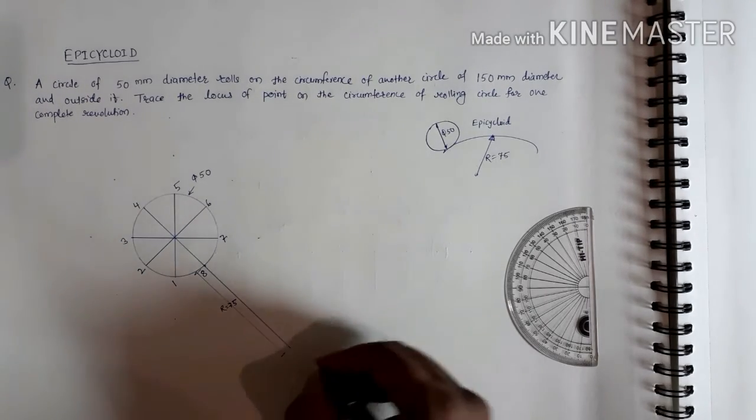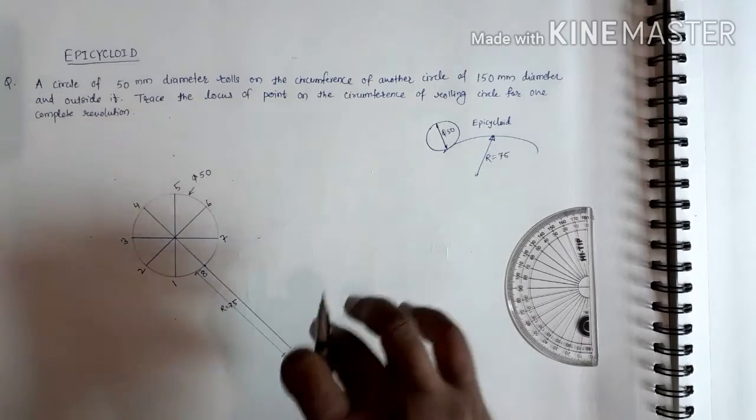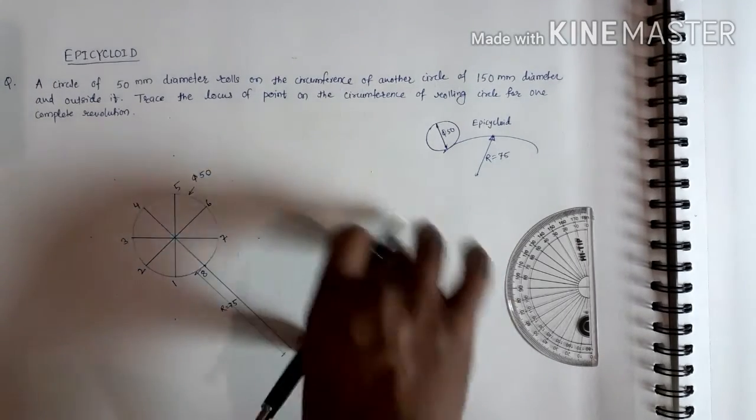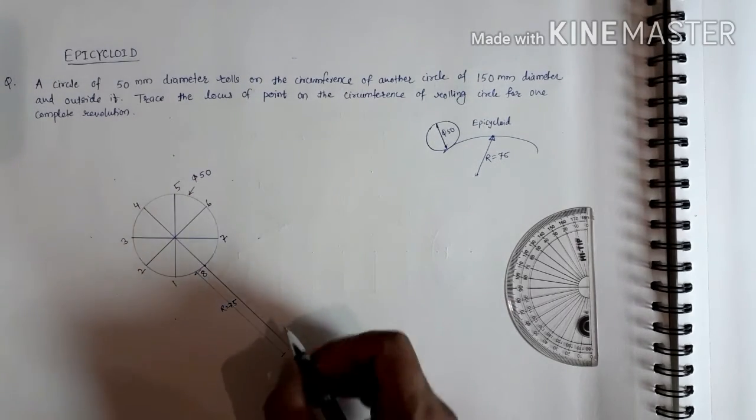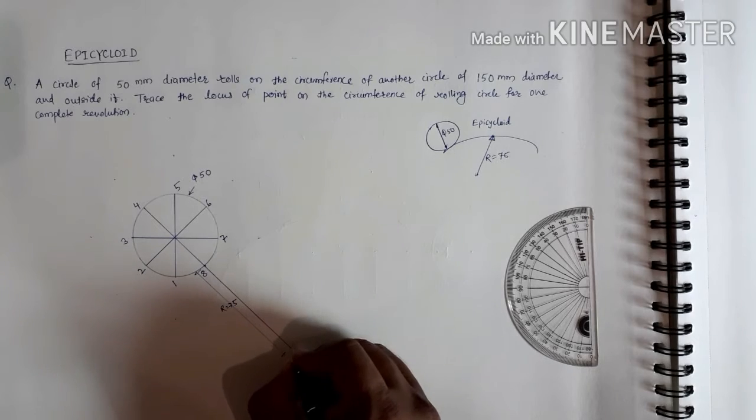Now the third step: when the circle rolls, it will create some angle, that is theta.